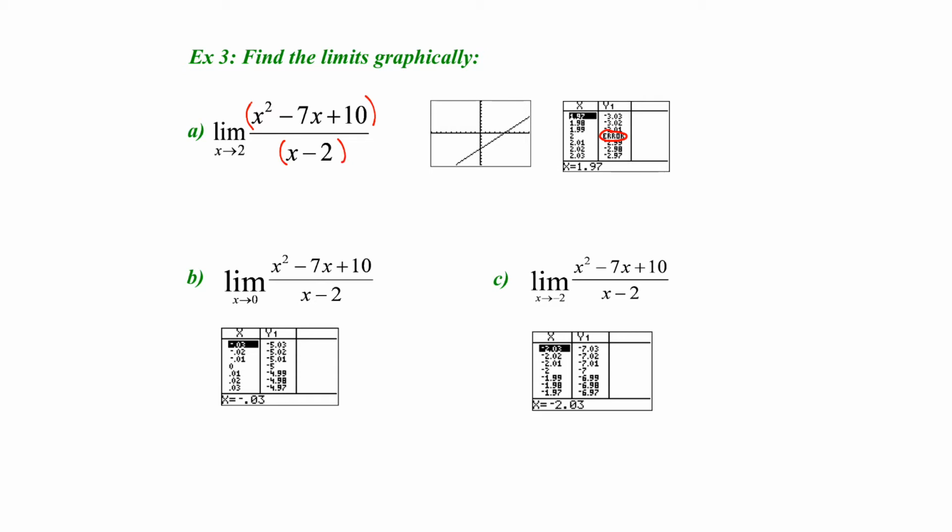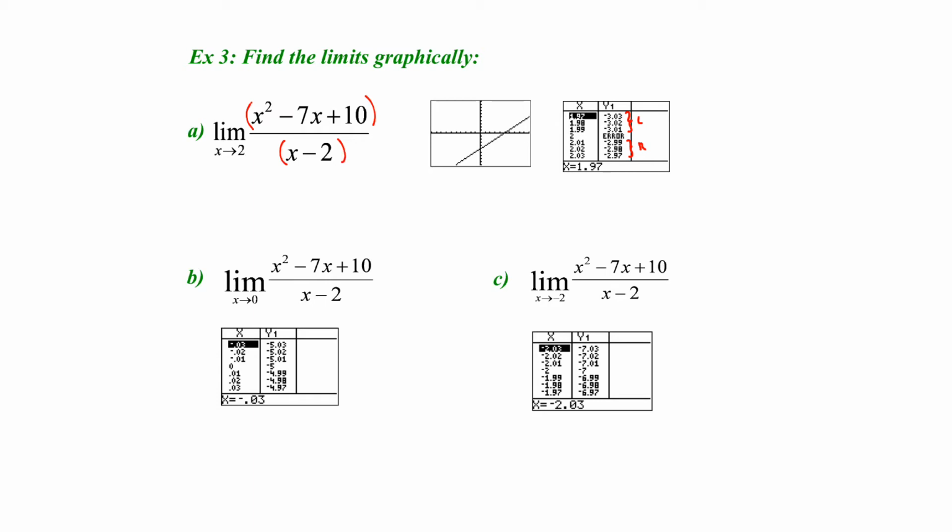So the limit as x approaches 2. We're still going to do this graphically, but we're also going to look at the table just as well. So you can take a look at your table. As x approaches 2 from the left side, you can see right here, that's from the left side. And then as it approaches 2 from the right side.